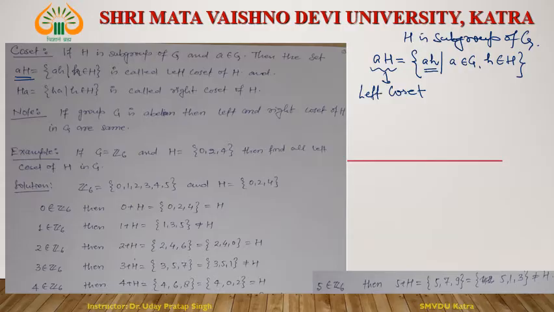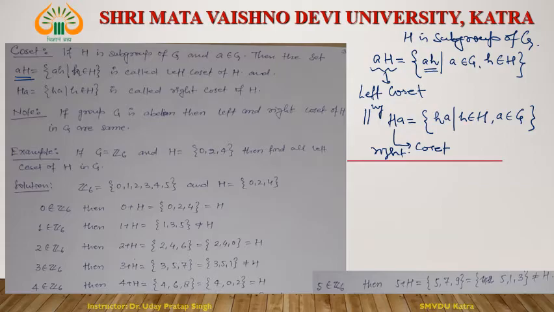And similarly Ha, a operated on the right side, that is ha, where h belongs to capital H and a belongs to G. This is the coset and known as right coset.